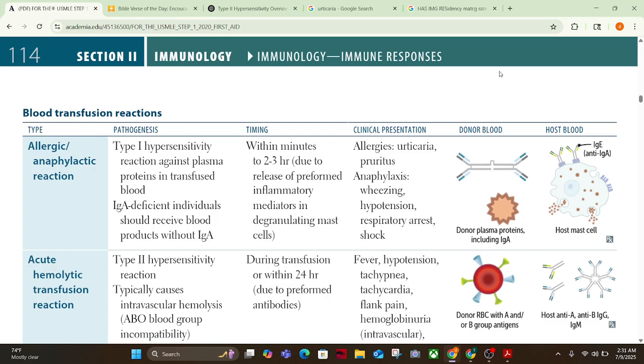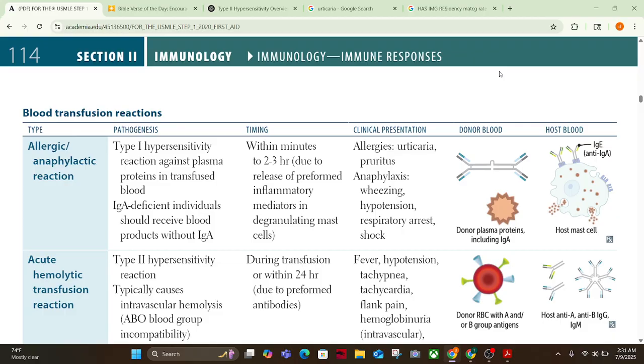So you'll see this reaction within minutes to 2 to 3 hours, due to release of preformed inflammatory mediators from degranulating mast cells.